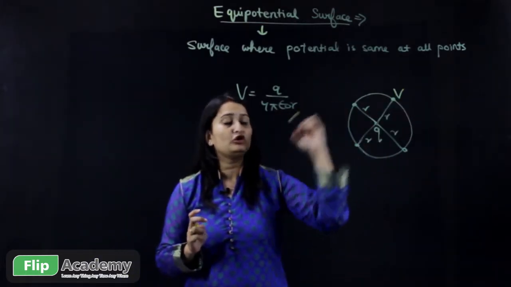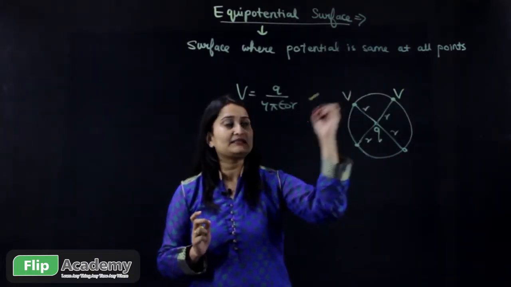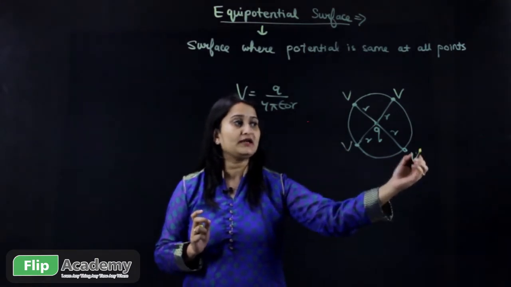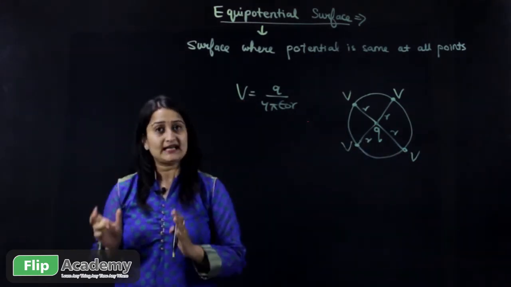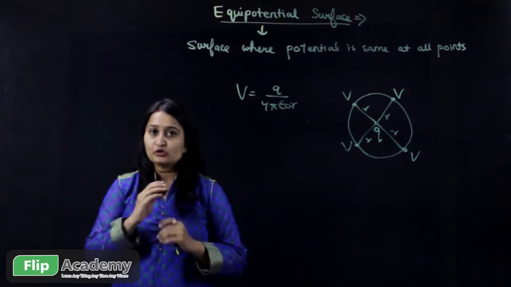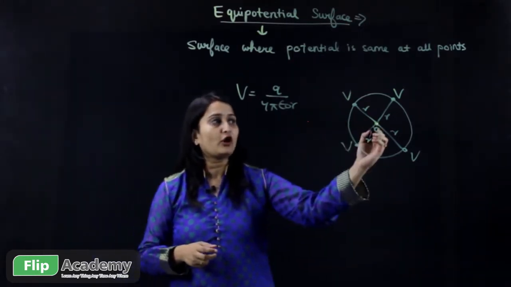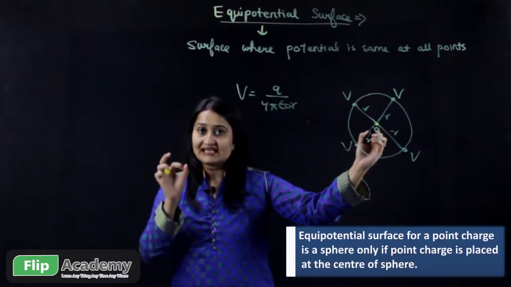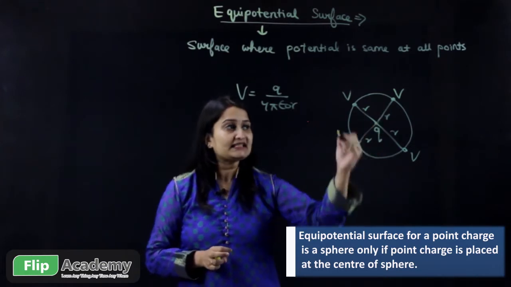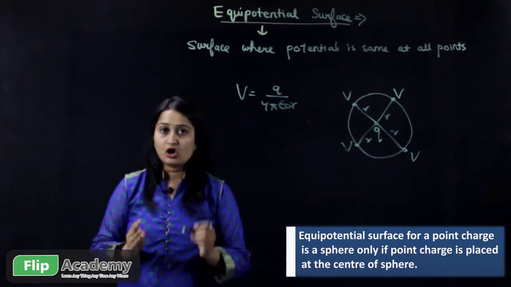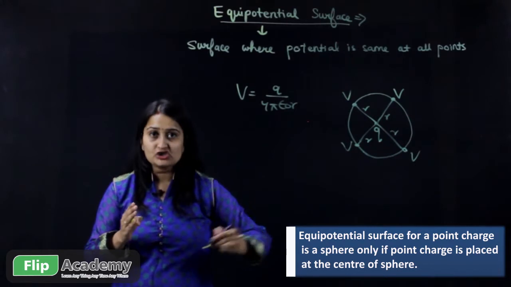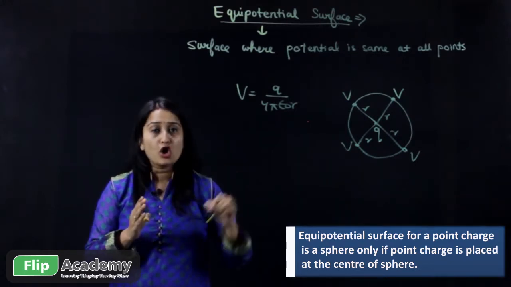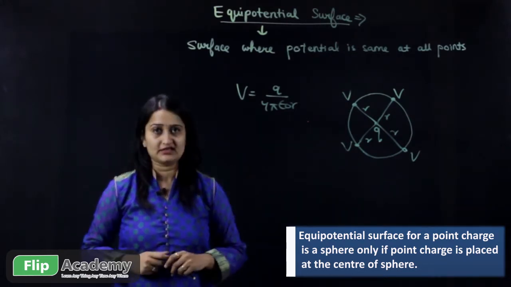At every point you will get the same value of V. So we can conclude that for a point charge, the equipotential surface is a sphere, because we are getting the same potential at all points of the surface.